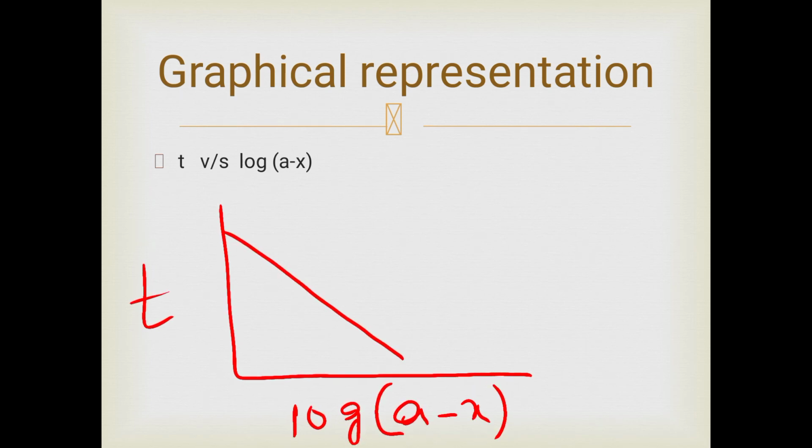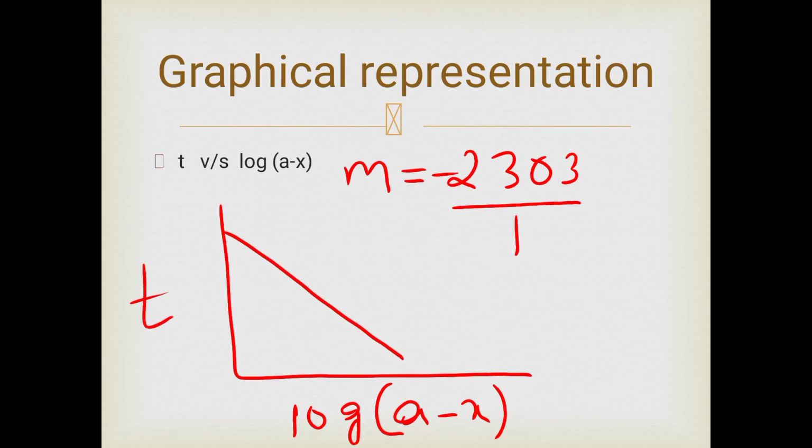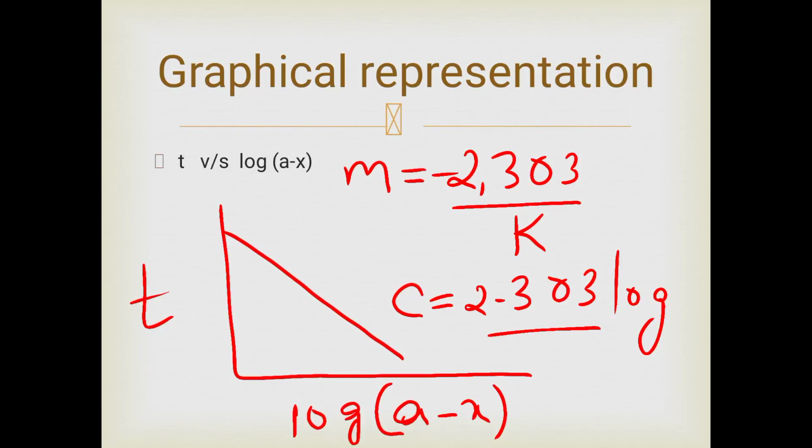Here also you obtain a graph with negative slope, with your slope equal to minus 2.303 upon k, and c is equal to 2.303 log a by k. Please note the values for the graphs in your notebook, so that at a glance you can use those values to answer your exams.